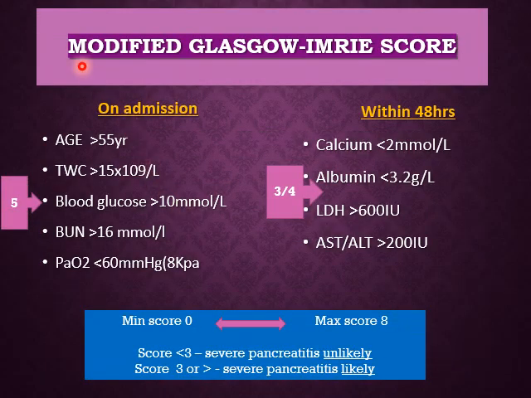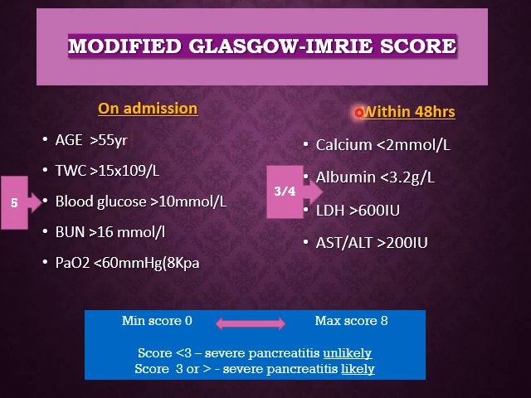The next method that is used is the modified Glasgow-Imrie score, or modified Glasgow score, which again assesses the patient on admission and within 48 hours. But the number of factors has been reduced to make it simpler. Here, we take age, total white cell count, blood glucose, blood urea, and PaO2. These are the 5 factors you take on admission, and each of them, if it exceeds the value indicated, is scored 1 point.